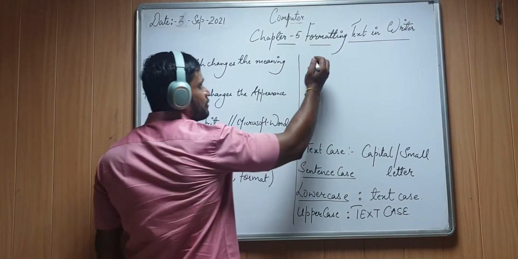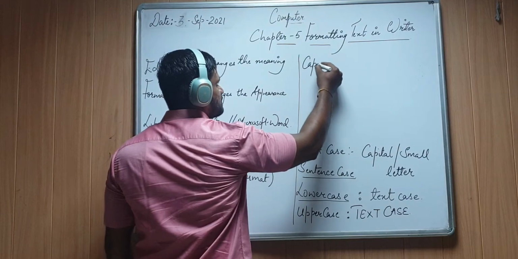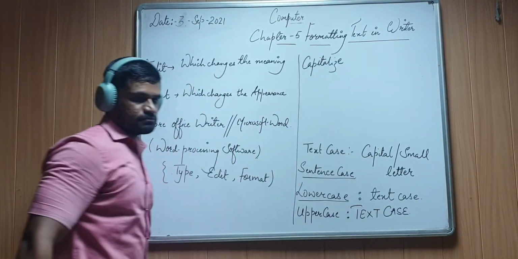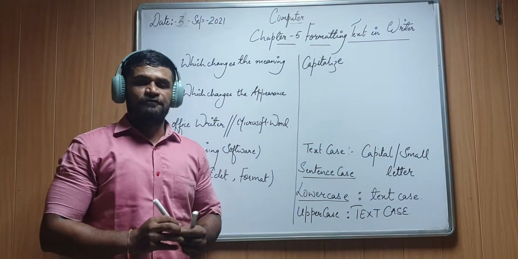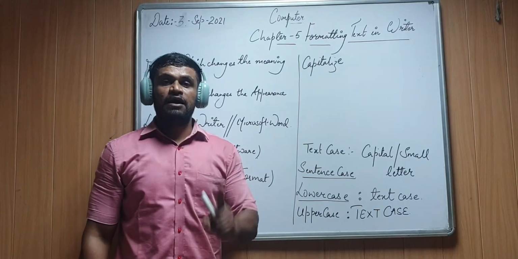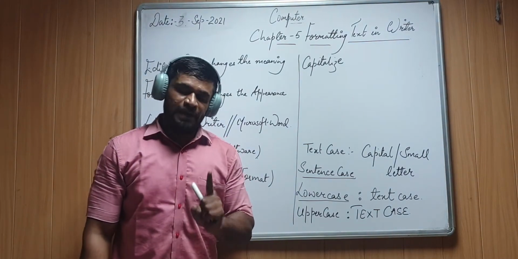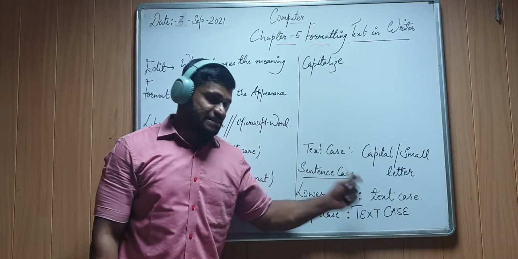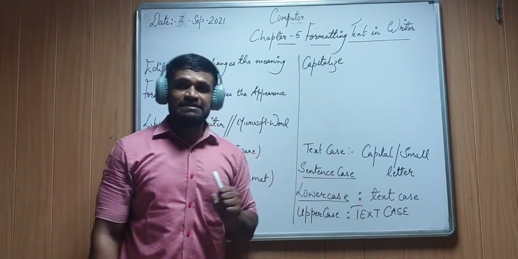Other than that, we have capitalize each word. Capitalize every word. What will happen? Whatever is the word, the first letter will be capital. Like text case, we have 2 words here. Text is the first word, case is the second word.